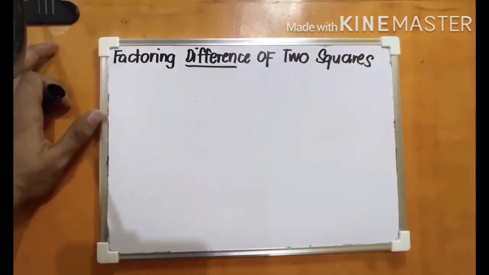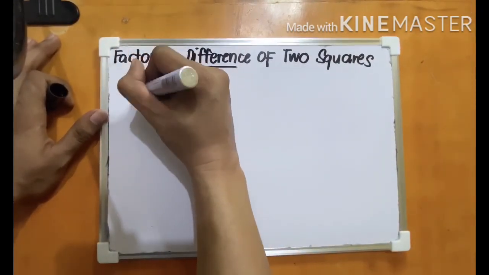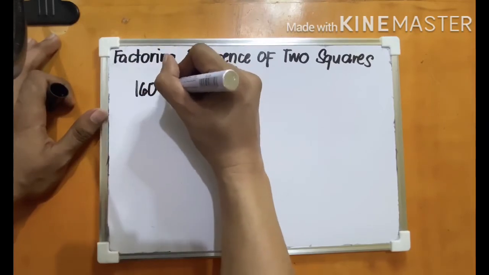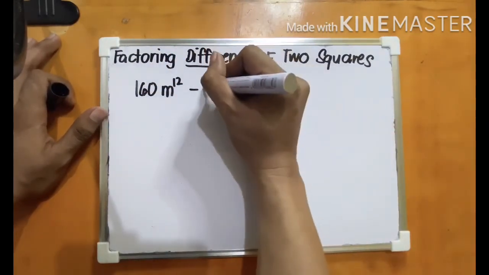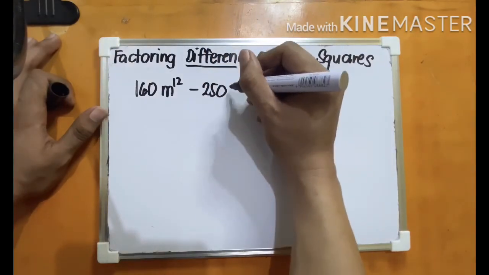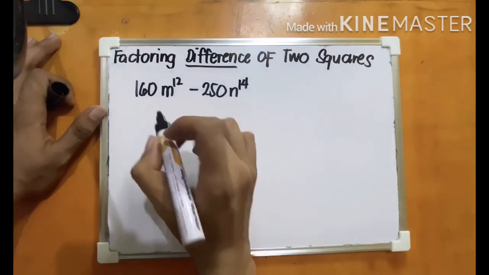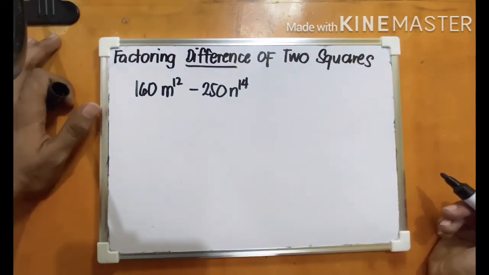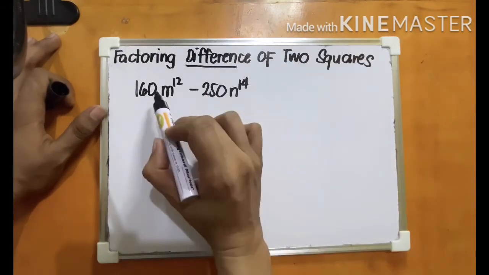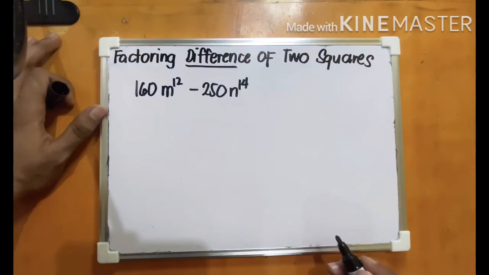Last example. So let's have 160m¹² − 250n¹⁴. So if you notice, 160 and 250 are not perfect squares, but they are divisible by 10. So you can factor out 10.